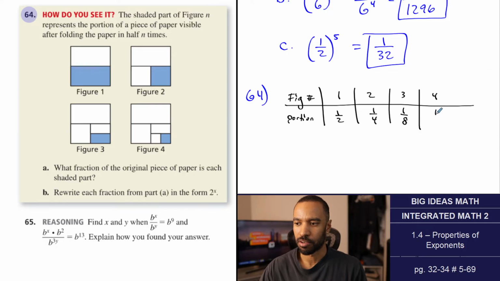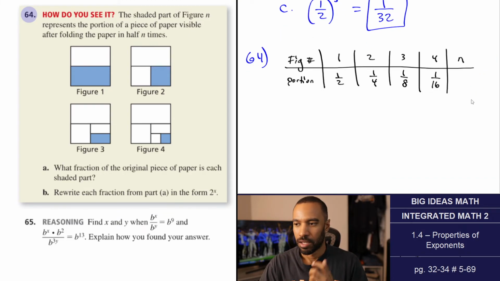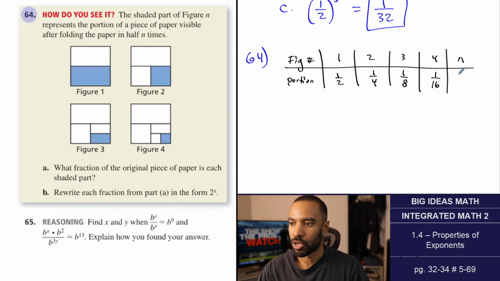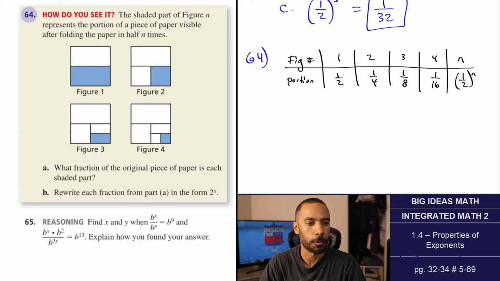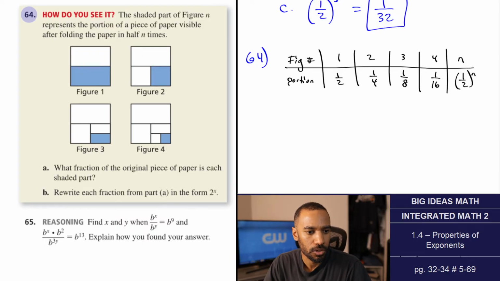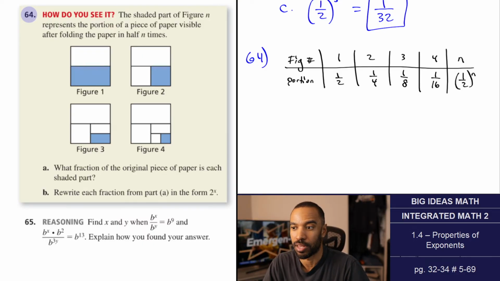And figure 4 must have 1/16, like that. So figure N is 1/2 raised to whatever power you're doing. The first, the second, the third, the fourth. However many halves you're going to do. So what fraction of the original piece of paper? Oh, okay, so I just answered that.